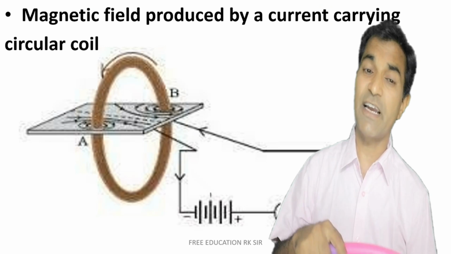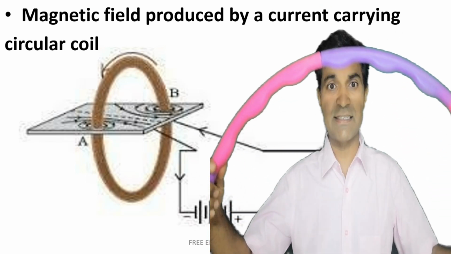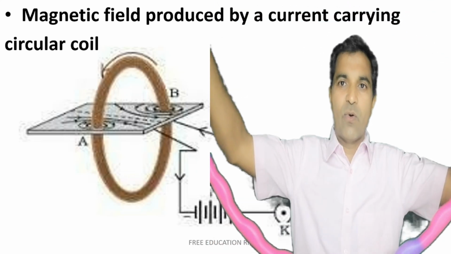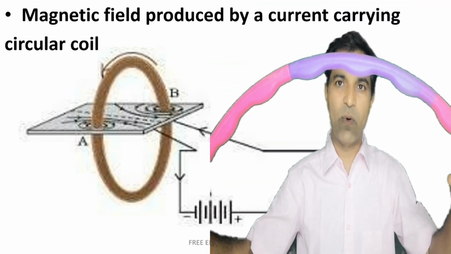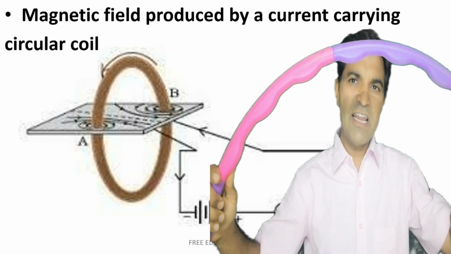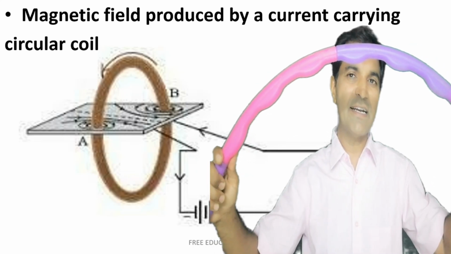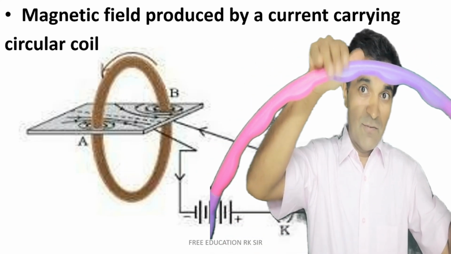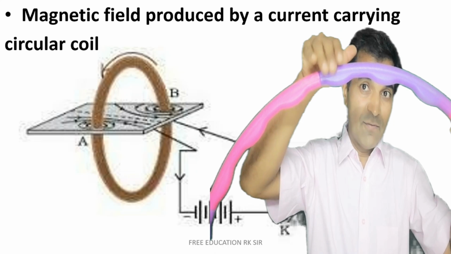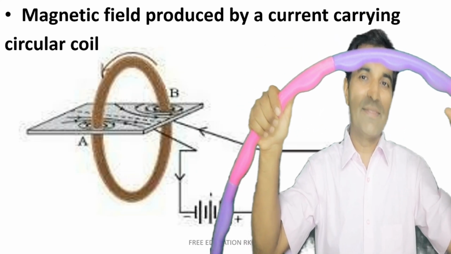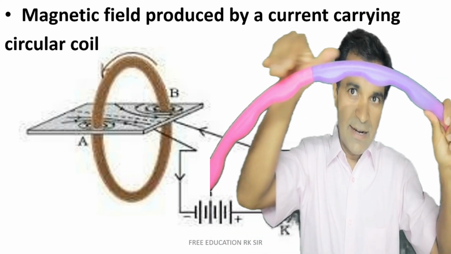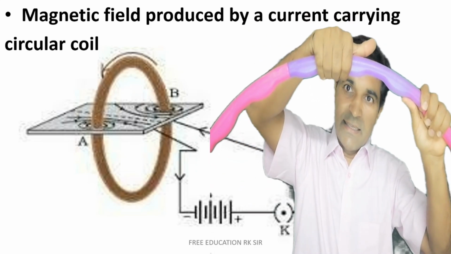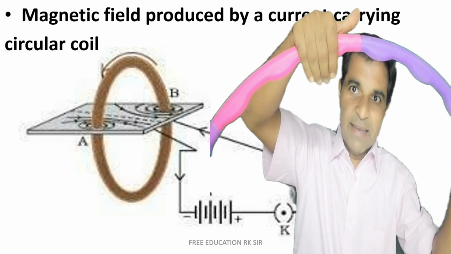Now let us try to understand or extend the concept to a circular coil. See, this is a circular coil, right? A very big circular coil. And if we try to understand the direction of the magnetic field which will be produced due to current in this circular coil, then we may say, according to the right hand thumb rule, if this is the direction of electricity, then this will be the direction of magnetic field.